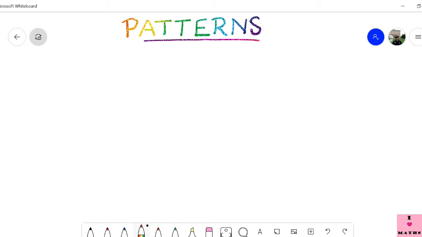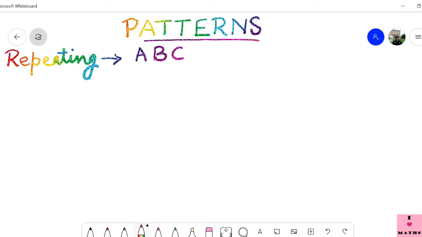So the first type of patterns are the repeating patterns. I am sure you all understand the meaning of repeating. Let me show you a pattern. Look at this pattern: A, B, C, A, B, C, A. What will come in these blanks?